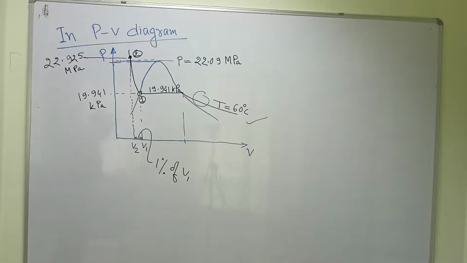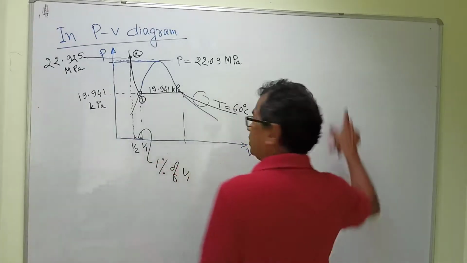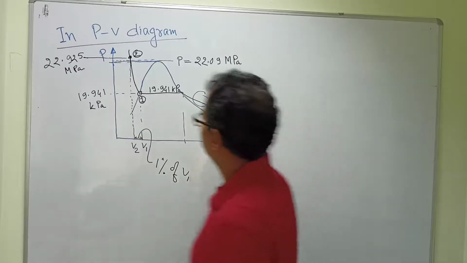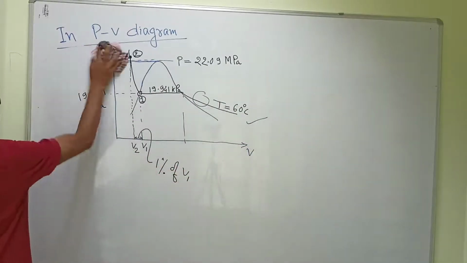And what do you see in the PV diagram? So we have this PV diagram, and then I write it here.